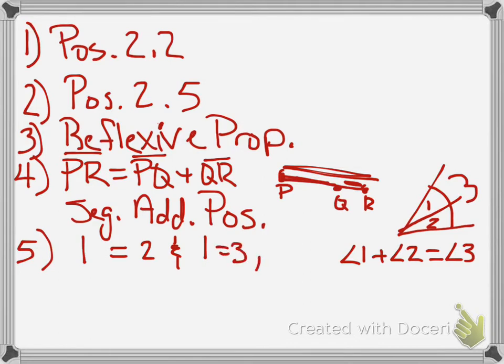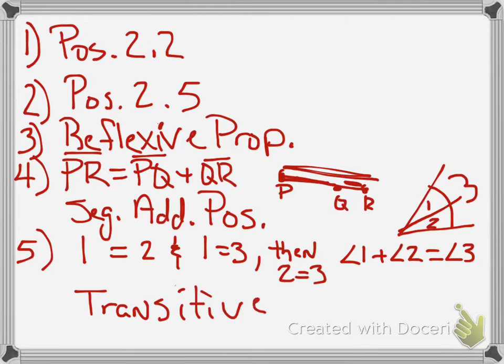Then if 2 equals 3, that's a transitive property. Don't get lost in the long things, but notice there are 3 things they're talking about, and they're connecting all 3 together. That's how we can tell it's transitive.